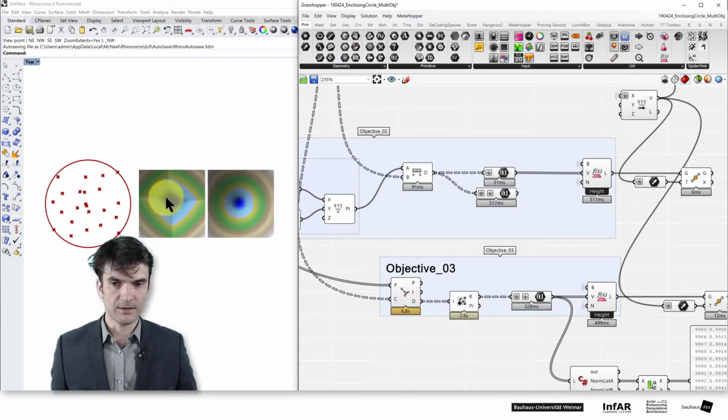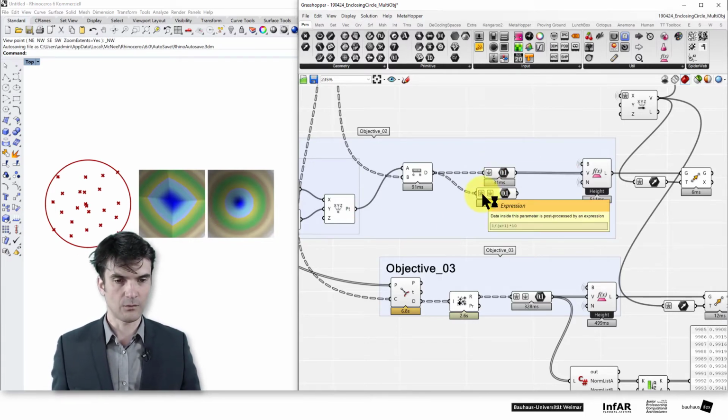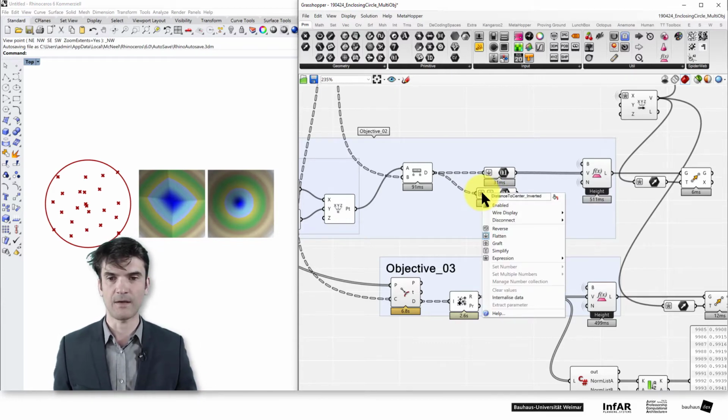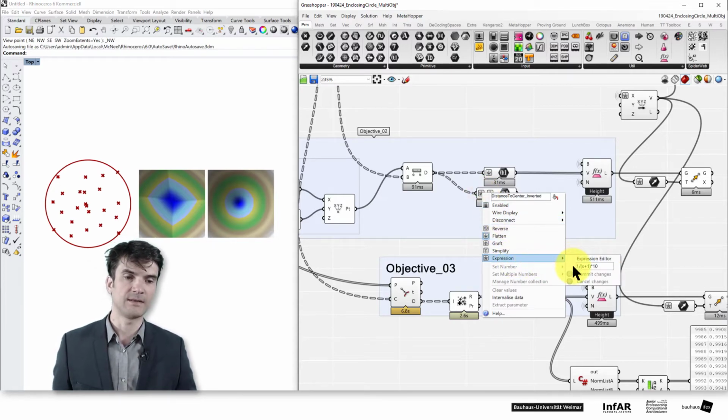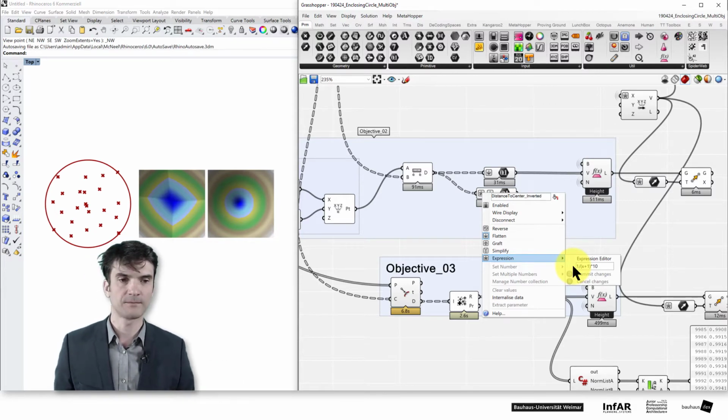I explained to you that here we have non-conflicting objectives shown by the landscapes. Now what we do is we invert the second objective. We do this by adding the expression where we divide the values, or we use the formula 1 divided by x, and x is our fitness value.